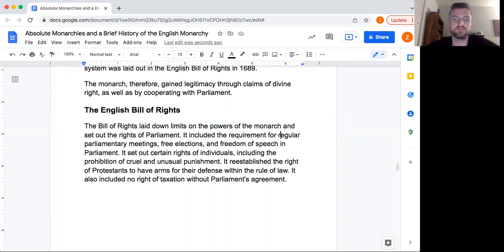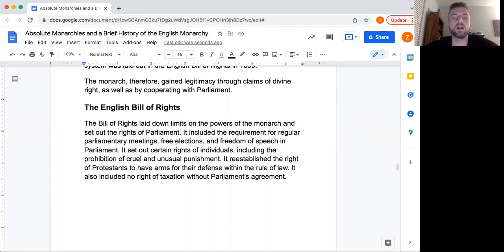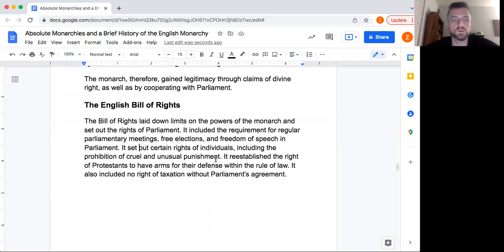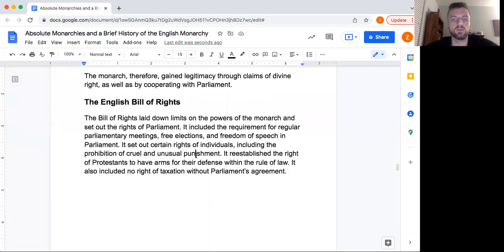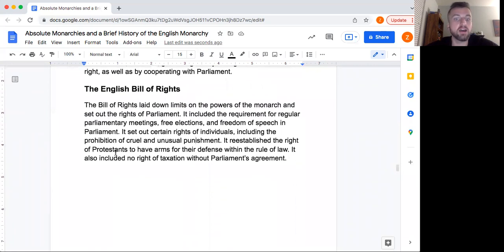No, it will be. It included the requirement for regular parliamentary meetings, free elections, and freedom of speech in Parliament. It set out certain rights of individuals, including the prohibition of cruel and unusual punishment. It reestablished the right of Protestants to have arms for their defense within the rule of law.